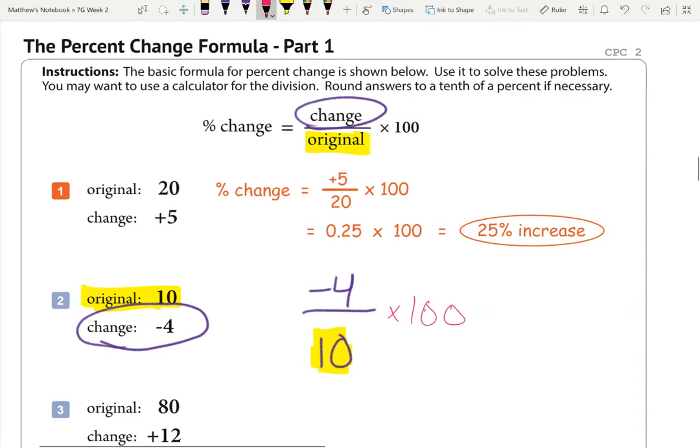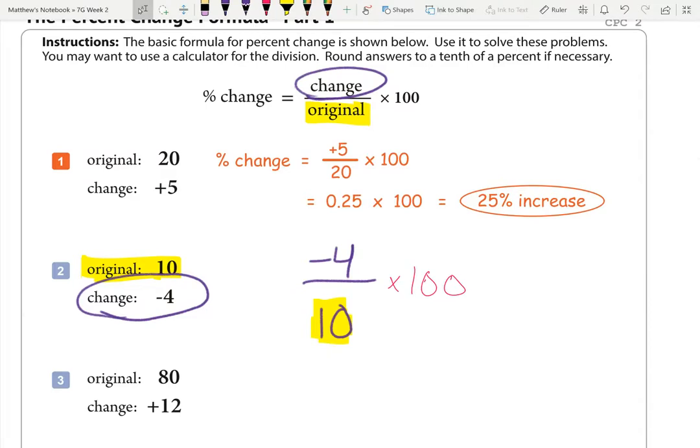So let's go ahead and do -4 divided by 10. Well, that's going to be 4/10 or 0.4. And since we started with a negative number, it's going to be a negative 0.40.